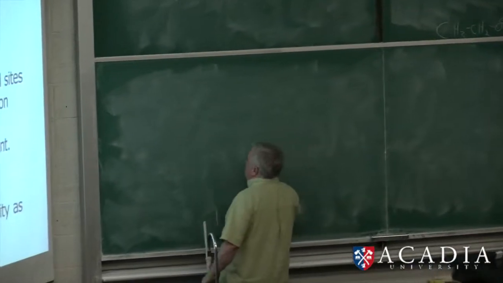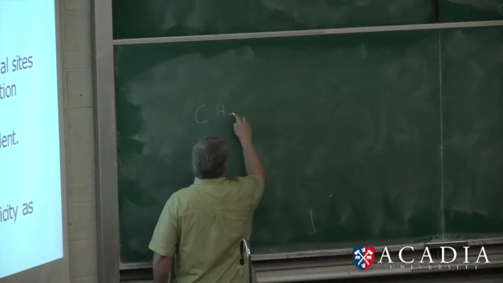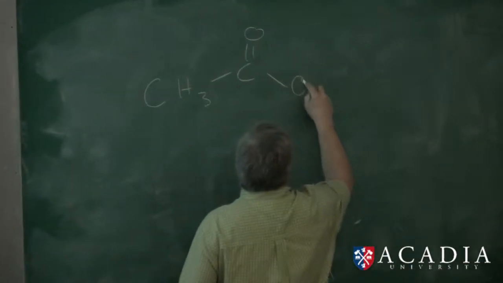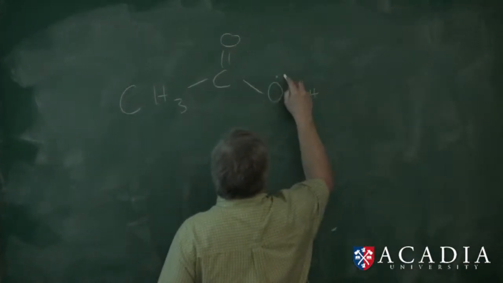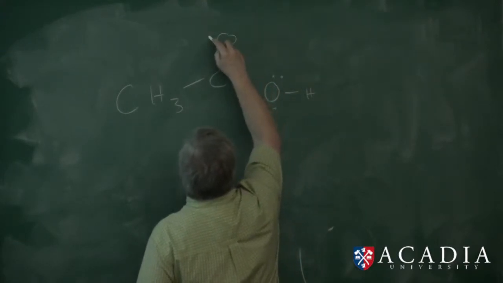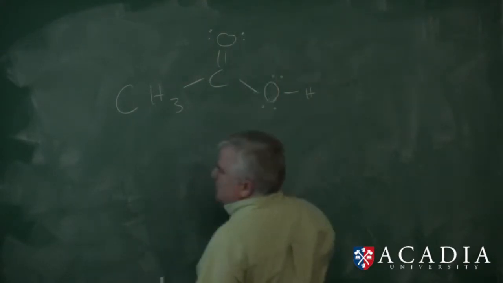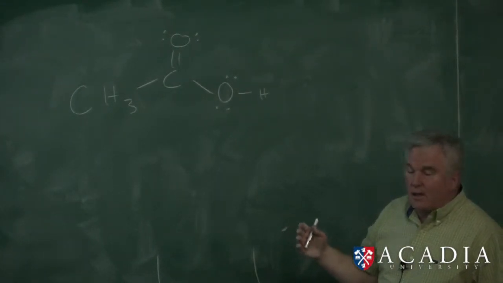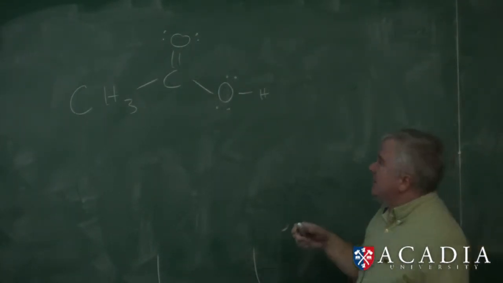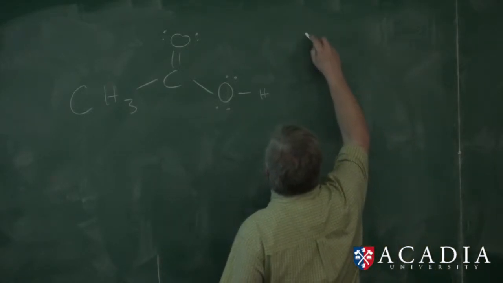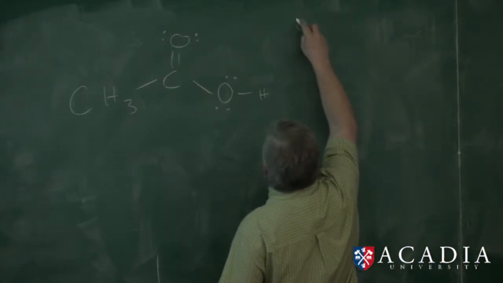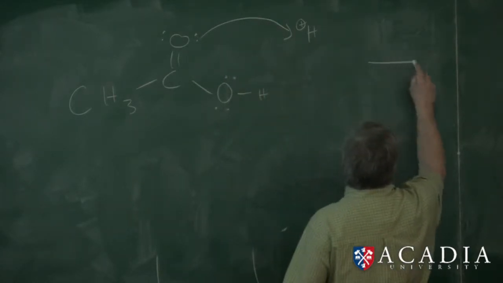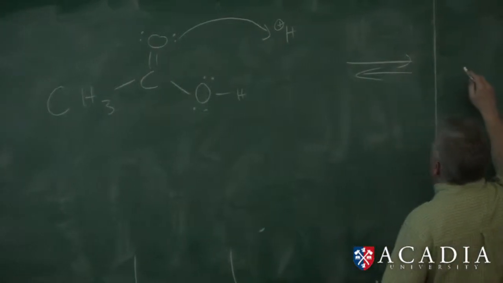Let's take again acetic acid. And I'm going to react this just with some strong acid, might be sulfuric acid. It has to be a strong acid because these are not very good bases. But we're going to react it with H+. And we could react it with H+ using this pair of electrons, in which case we get this thing.